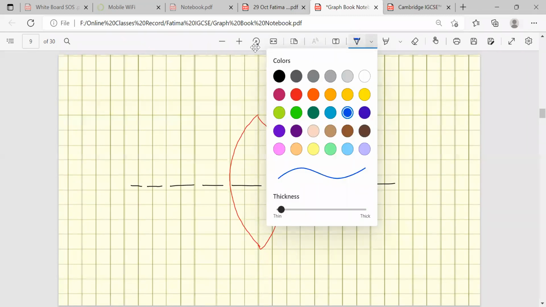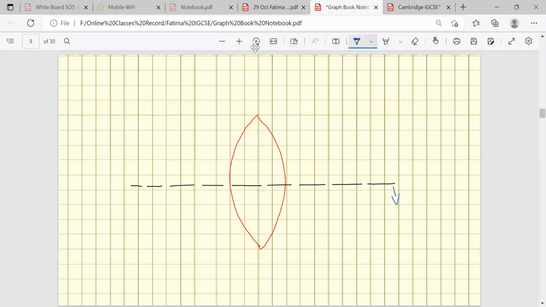This reference line is known as the principal axis, right? And the center of the lens is known as the optical center.